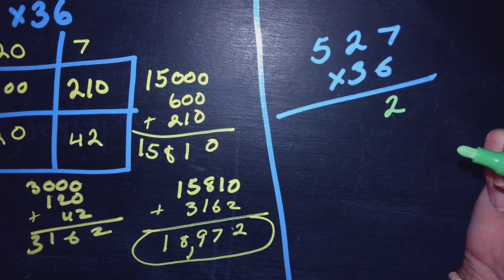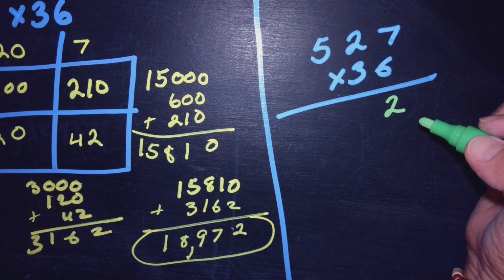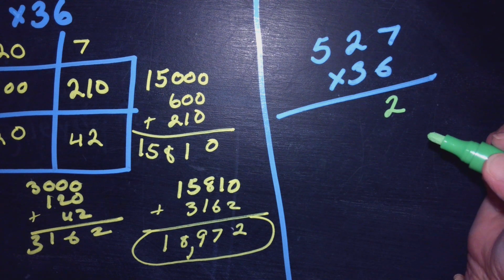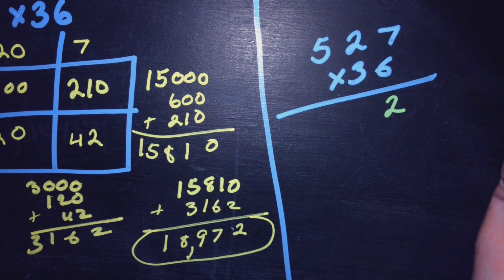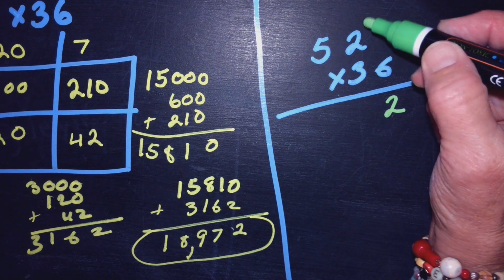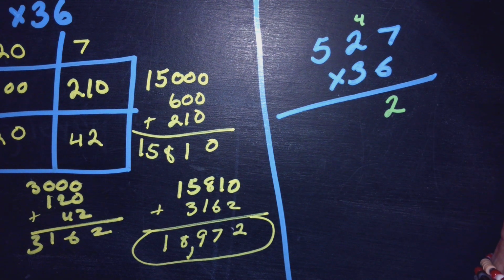But remember when we drew the dots and we bundled them? Well, that's exactly what we're doing. I have 4 groups of 10 left over. So I'm going to bring my 4 groups of 10 over there.